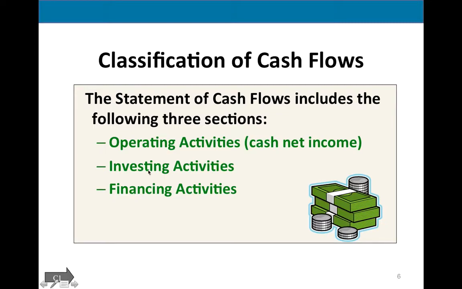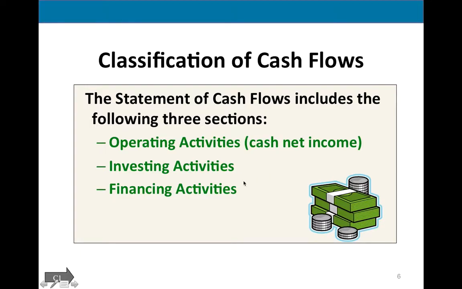It's kind of misleading because when we talk about investing, we sometimes think about stock. In this regard, we mean investing in our long-term assets. So if we are buying equipment or buying a piece of land or selling that piece of land or a truck or a car, that would be an example of investing activities.